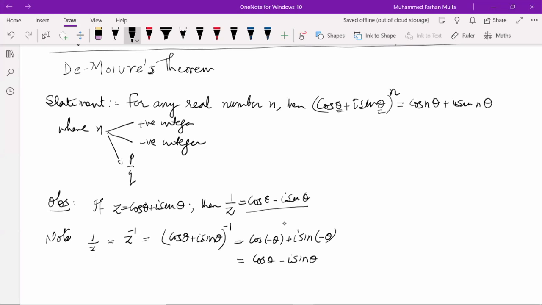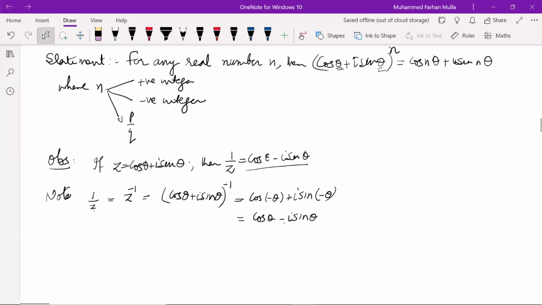Instead of 1 upon z, we can take 1 upon z raised to n also. We can extend this, or in general, 1 upon z raised to n is equal to cos n theta minus i sine n theta in general.